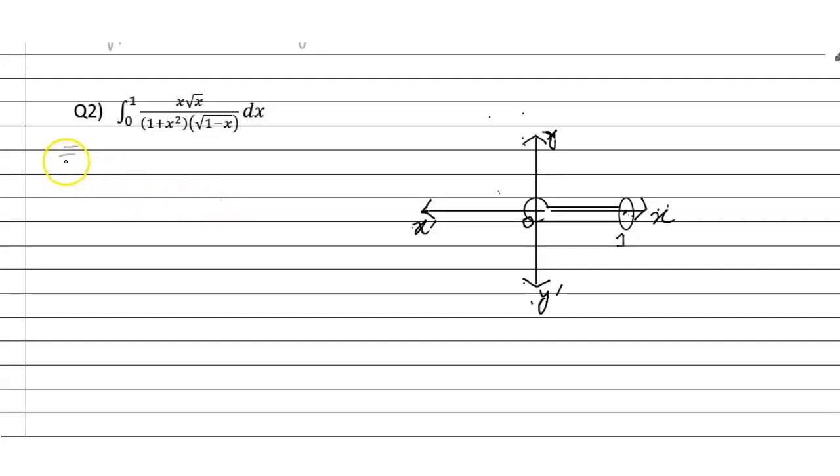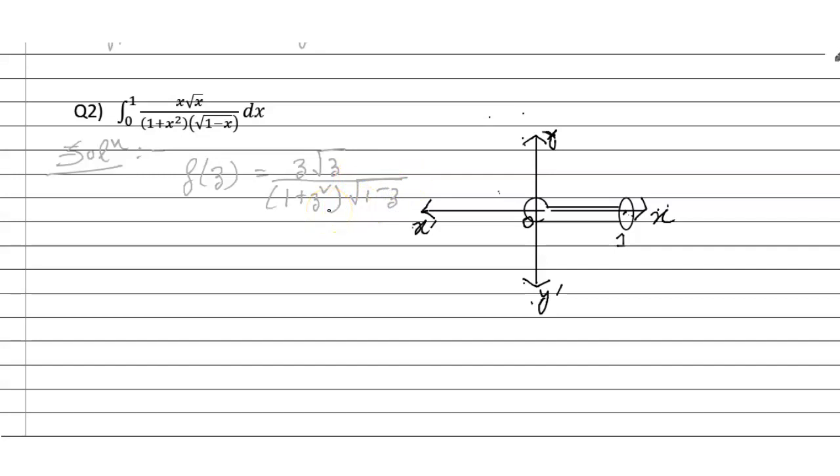We start the solution. f(z) can be written as z root z divided by (1 plus z squared) into root (1 minus z).